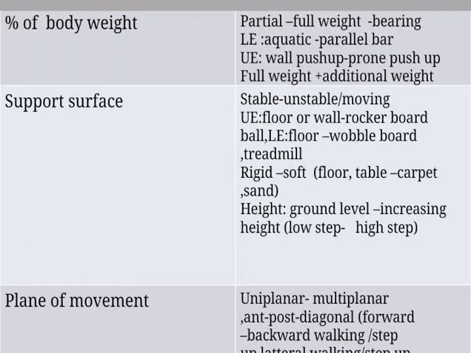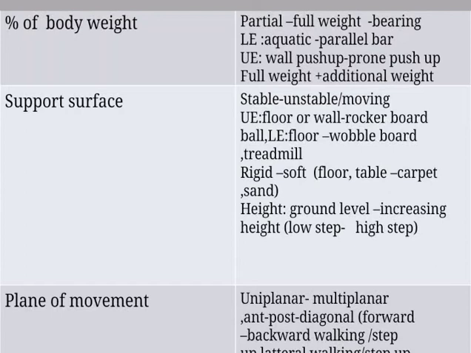So first we go on a rigid surface like floor or table, then we progress to a soft surface like carpet or sand. Carpet and sand are more difficult than floor and table.